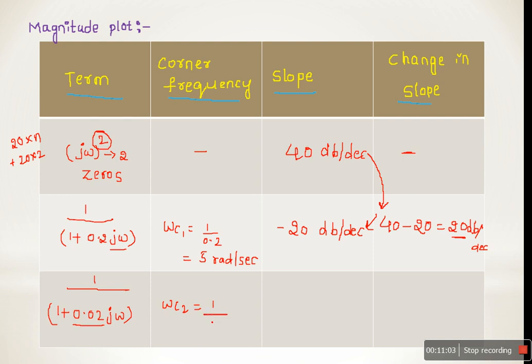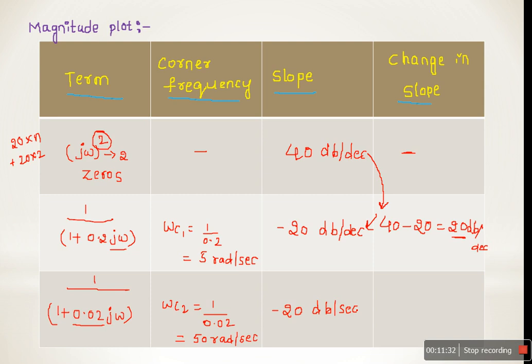So 1 by 0.02, that will become 50 radians per second. And here also we are having one pole in the denominator. For one pole the slope is minus 20 decibels per decade.